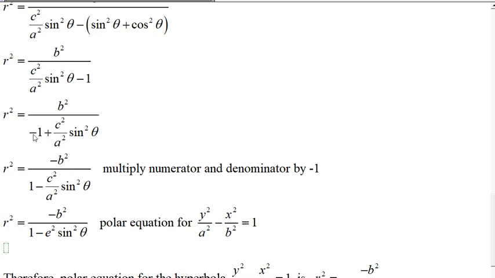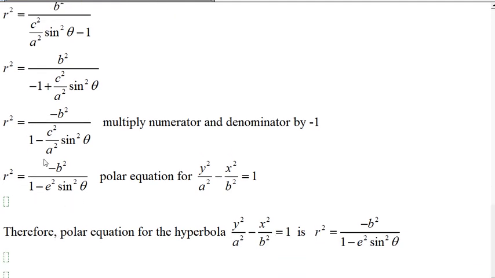Multiply each term in the denominator by negative 1: negative 1 times negative 1 is 1, and the other term just becomes negative. c squared over a squared is e squared. And this is the final form that we want.